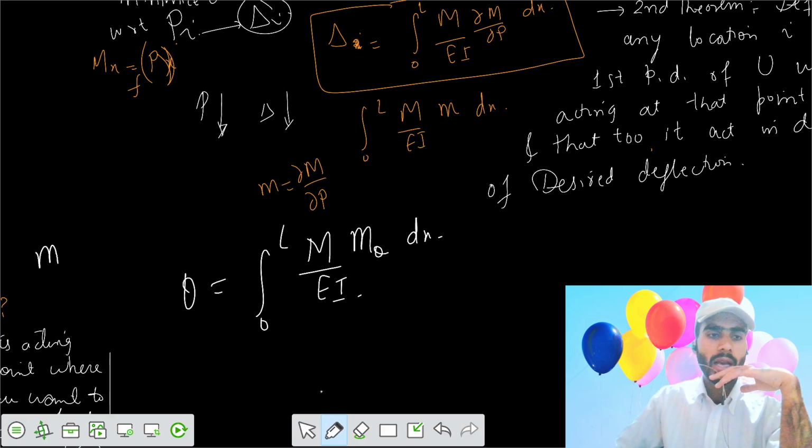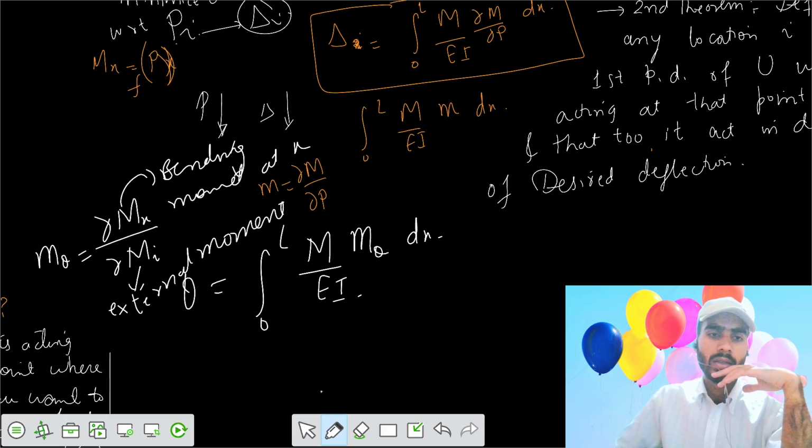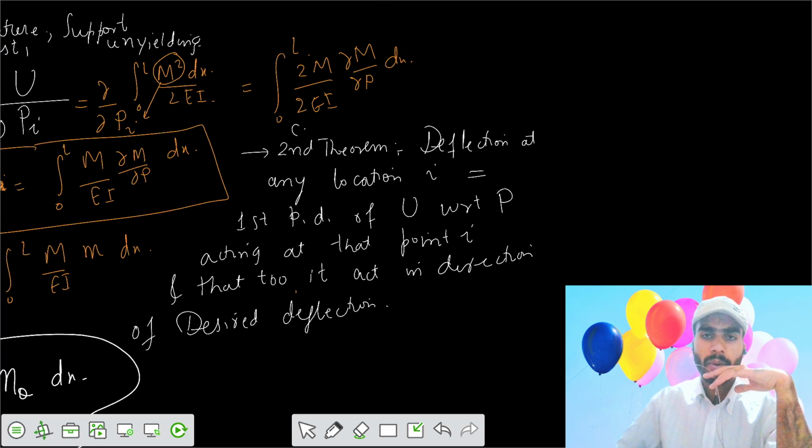Here m theta equals the partial derivative of the moment at any x divided by the moment you applied at location I. This is your external moment applied at that point, and this is the bending moment at any x. So you got the relation that theta equals the integral 0 to L of M m theta dx by EI. So these two results we'll be using to solve our problems.